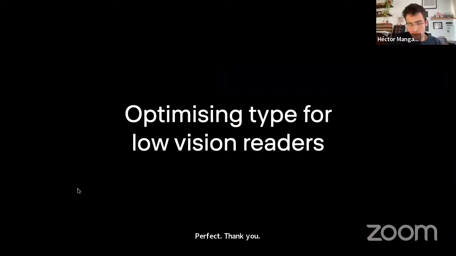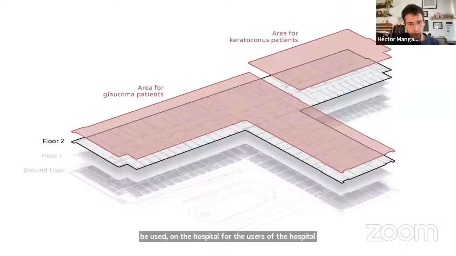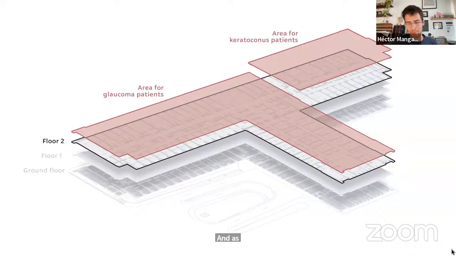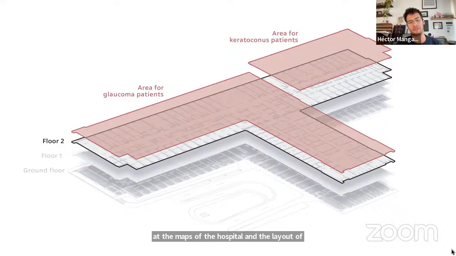So yes, Benjamin was mentioning we wanted to make sure that we were optimizing the typeface that was going to be used in the hospital for the users of the hospital. And as we were talking about, we started by looking at the maps of the hospital and the layout of everything within the facilities.